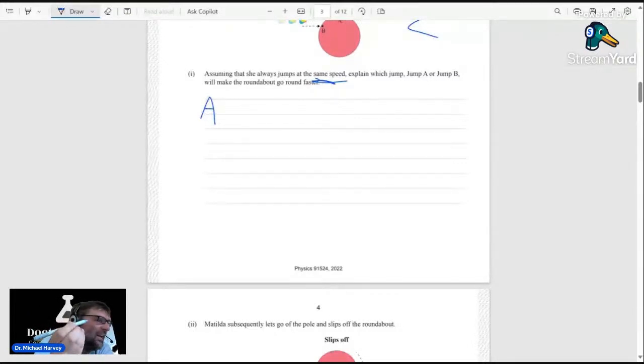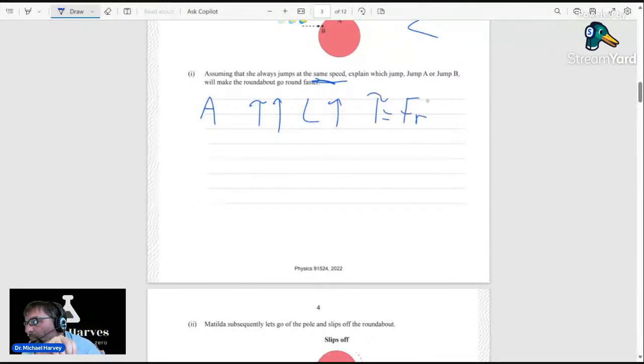Right, so A. The reason is you have to have an increase in torque, or an increase in angular momentum. How does that come about? You're using the equation torque equals FR, which you should be able to find on your equation sheet.